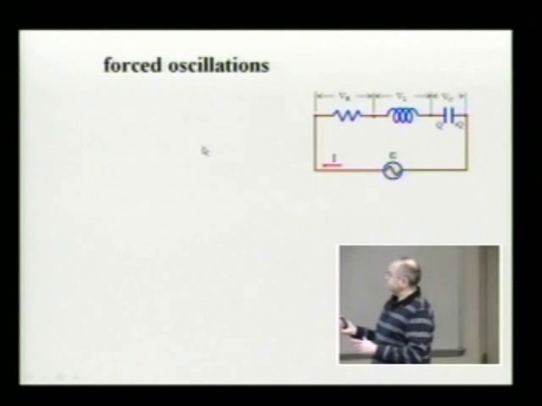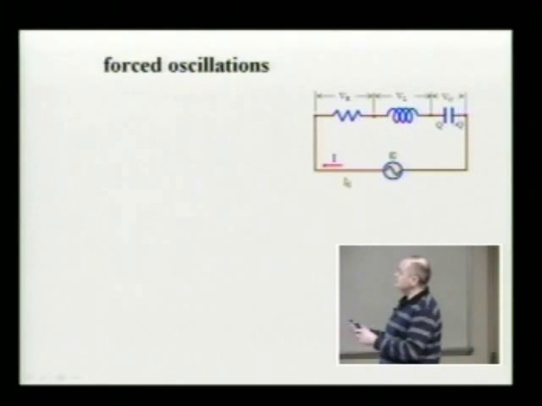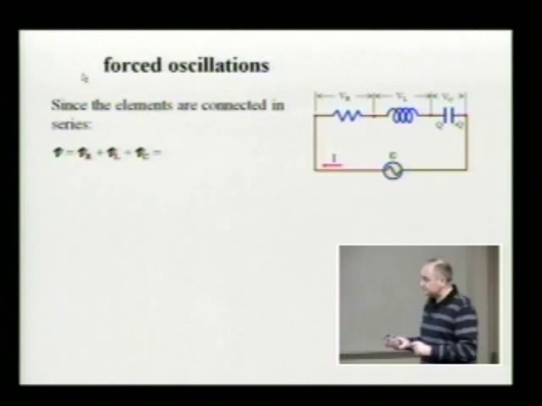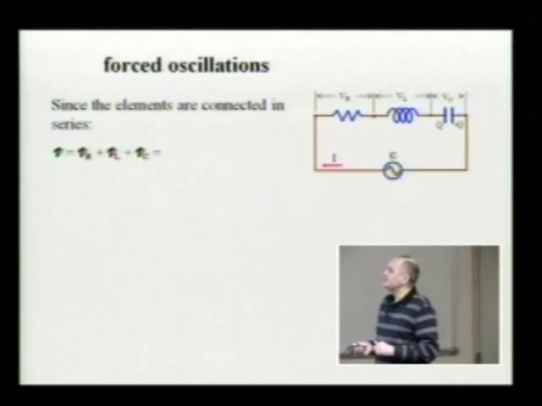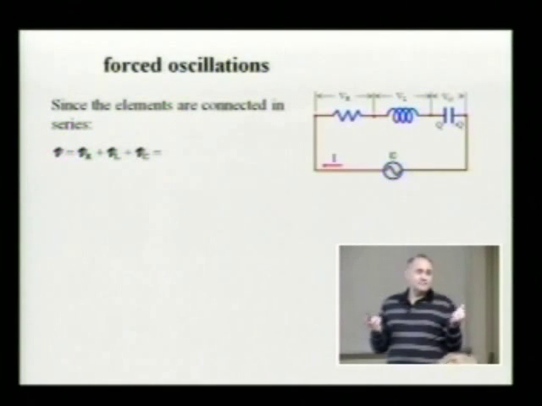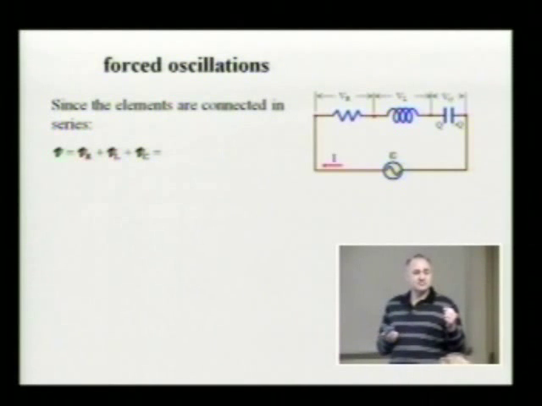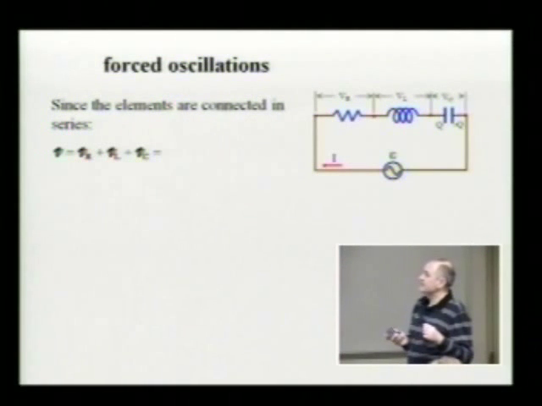All right, so why don't we use the loop rule and write an equation which relates current to that electromotive force. Rather than thinking about the differential equation, because in general, if I do not use phasors and complex analysis, I would have to use a differential equation. Actually, this equation would be valid also for real analysis.